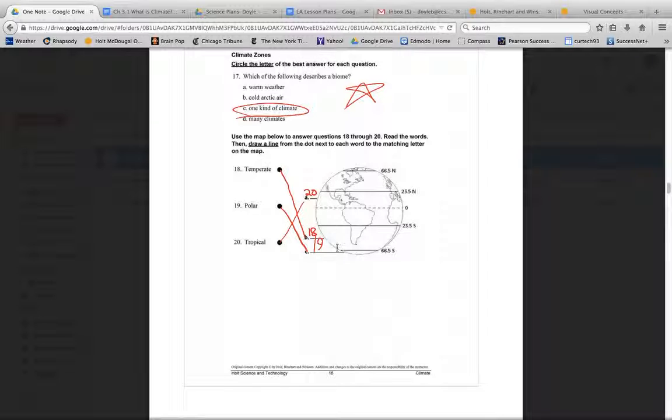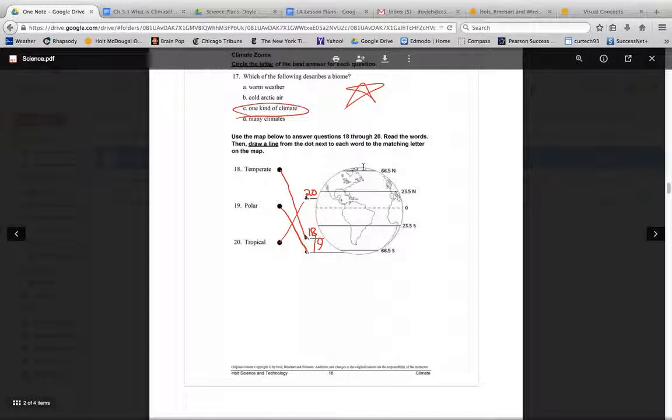The temperate climates are kind of the in-between, so we live up here in a temperate climate. Temperate means that you're going to have different temperatures. You're going to have cold winters and warm summers and fall and spring, whereas here in the tropics it's always warm. And then the polar climates are up at the poles, and they're always going to be cold.